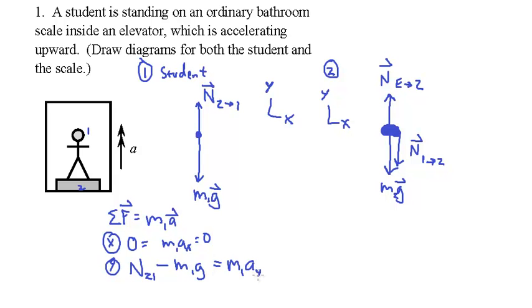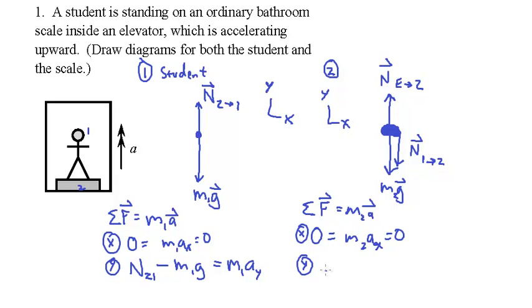I'm just going to write 2-1 instead of the 2 arrow 1. Minus, but it's the same magnitude as this, minus the student's mass times g equals the student's mass times acceleration in the y direction.